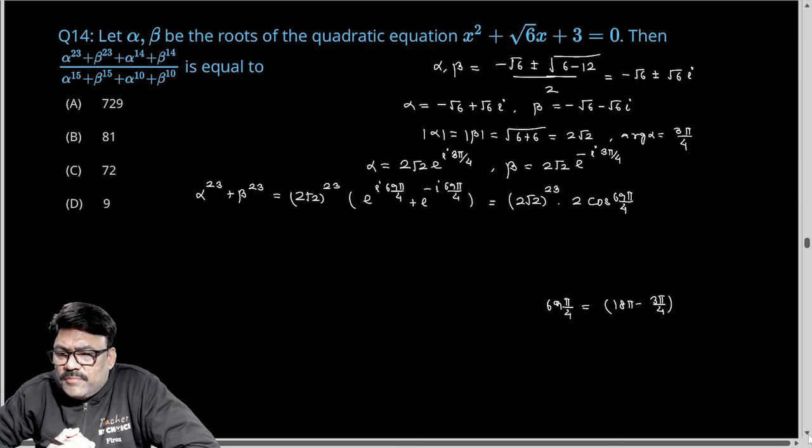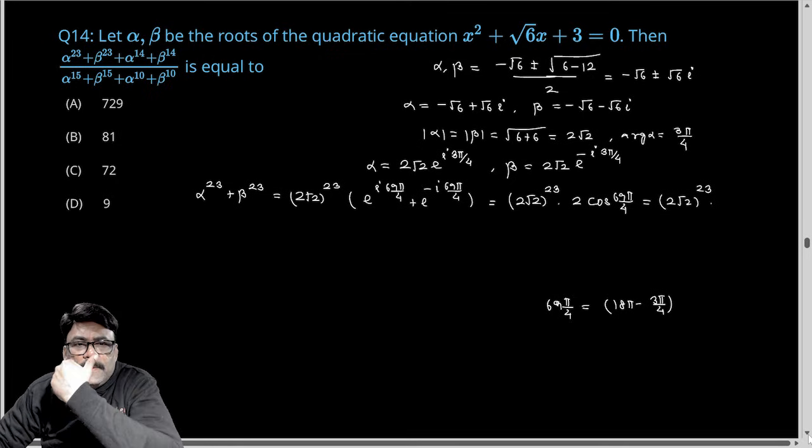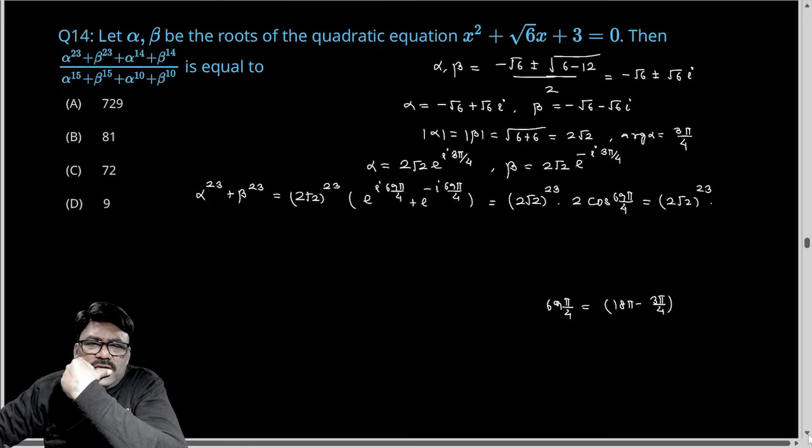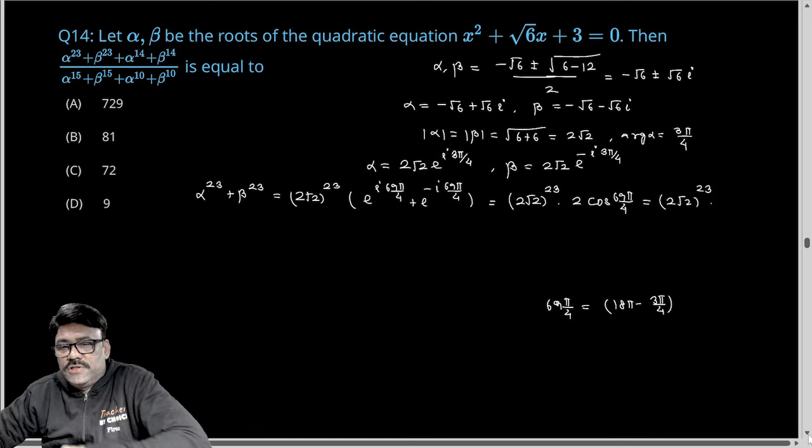So it is the same as minus 3 pi by 4. So you can write it as 2 root 2 raised to 23 and then, in fact, can I simplify in any other way? No, I have to calculate the values.